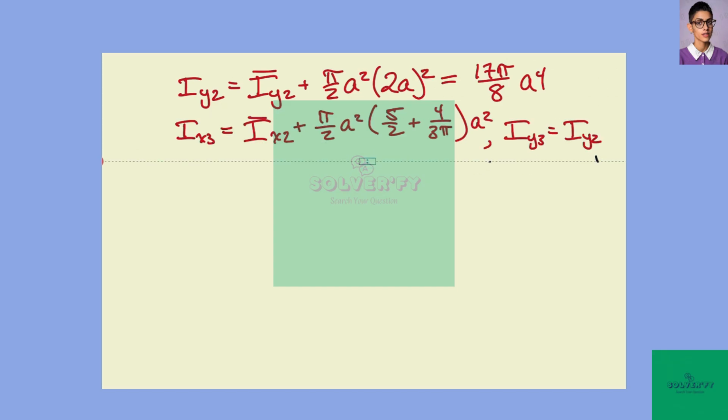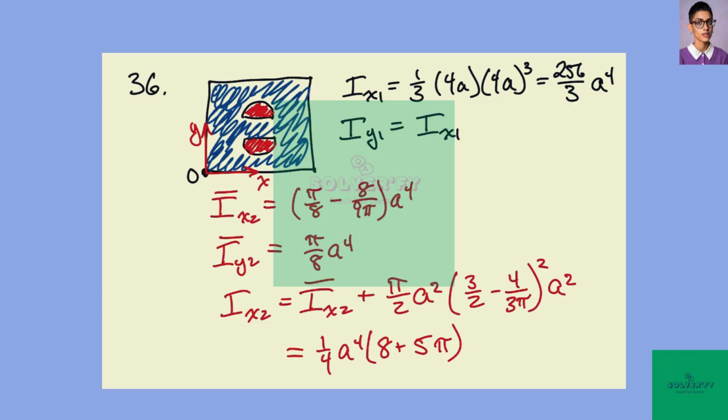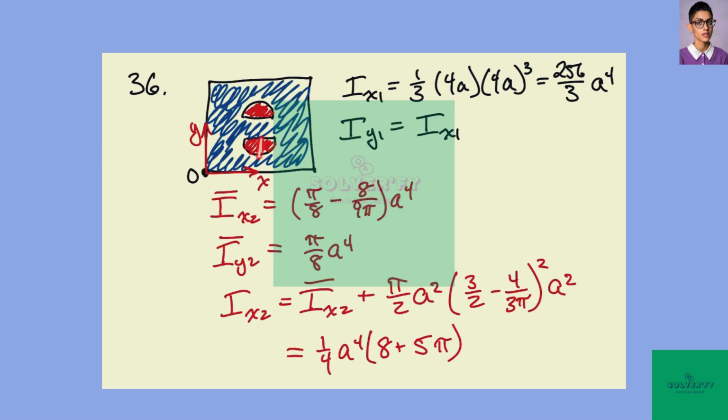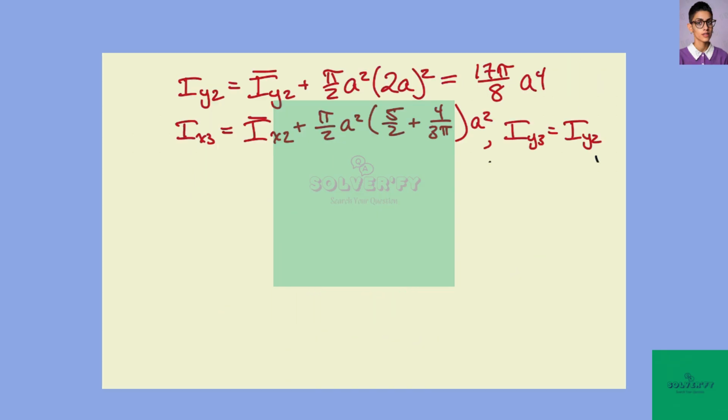Now if we look at the upper semicircle, again its area moment about the x-axis is its area moment about the centroidal x-axis, and that's the same as for this one here, since these have the same shape, just rotated 180 degrees.